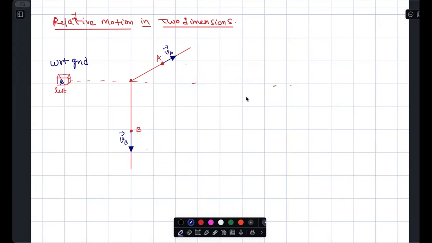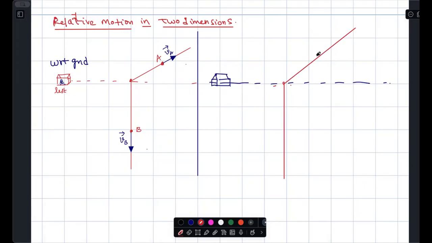Now I am going to repeat the same situation, same observation. House is here. I am observing the entire world in a frame attached to A. For me, A is at rest.